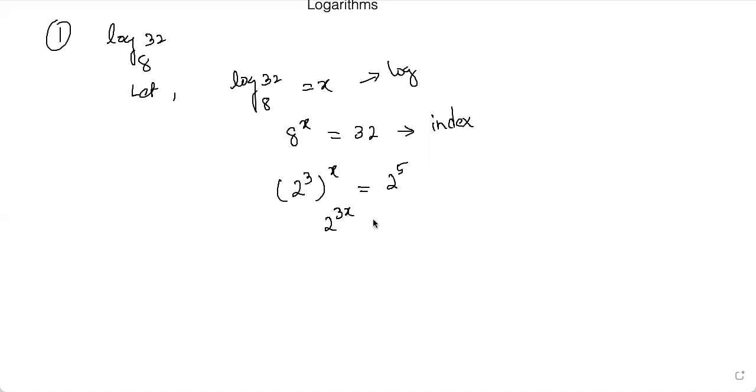So you get this as 2 power 5 on the right hand side. So you can equate this. So 3x is equal to 5. So you get x value as 5 by 3. Okay. So we get log 32 to the base 8 as 5 by 3.